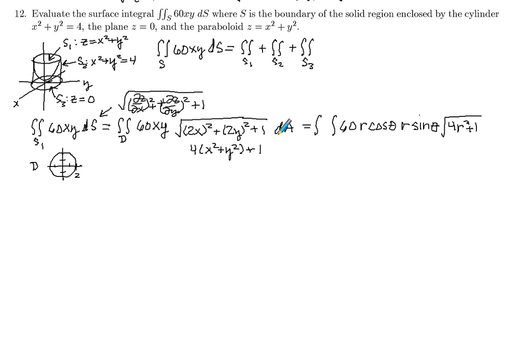And then dA, we use the polar area element, which is r dr d theta. And then our r is going to go from 0 to 2, inner radius to outer radius. So this is r equals 0 to 2. And then our theta, we revolve that around from 0 to 2 pi.